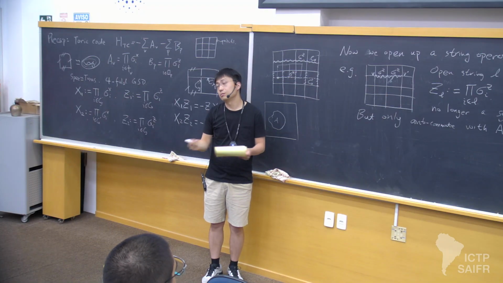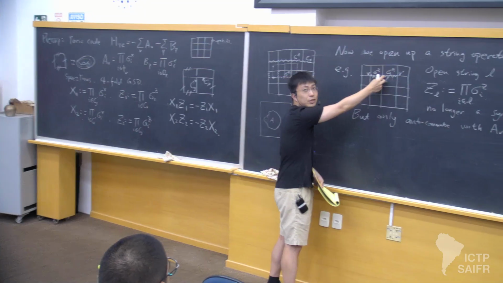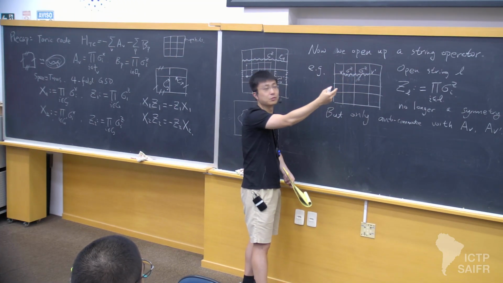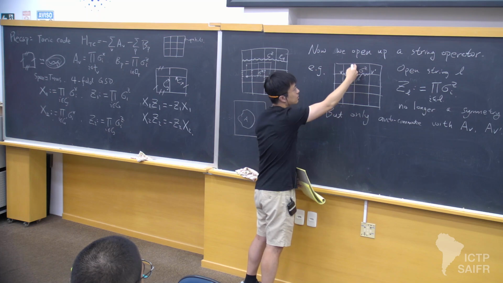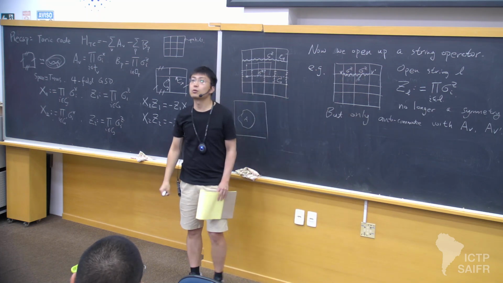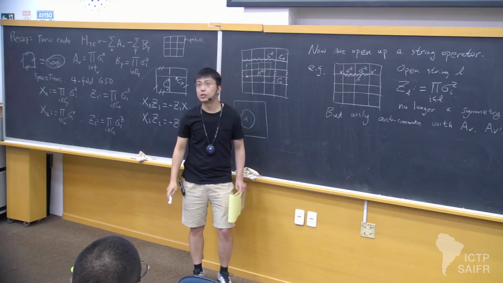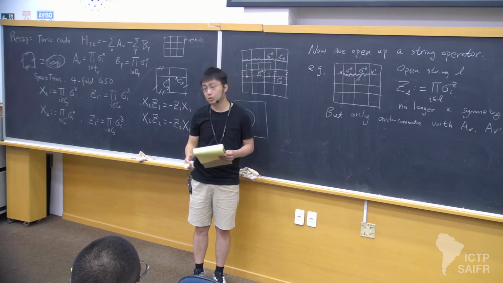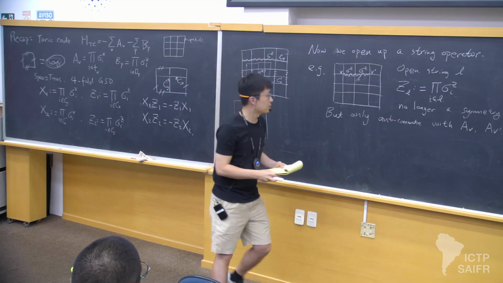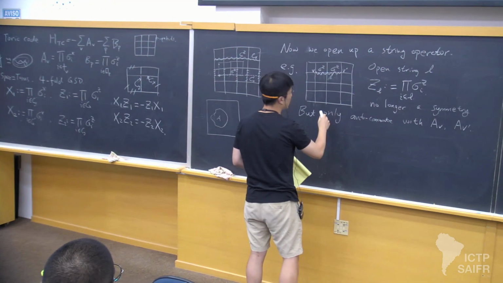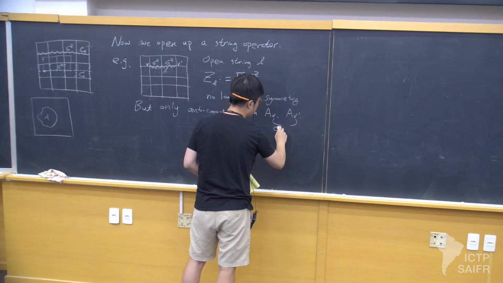Because away from these endpoints, you can't tell if the string is open or a closed loop, since it overlaps with the vertex term twice. It's only at the endpoint where you overlap with the vertex term an odd number of times. Is that clear? So V and V' are the endpoints.